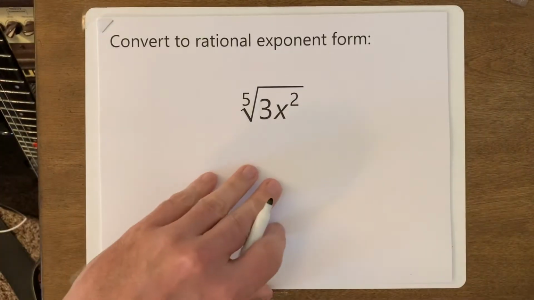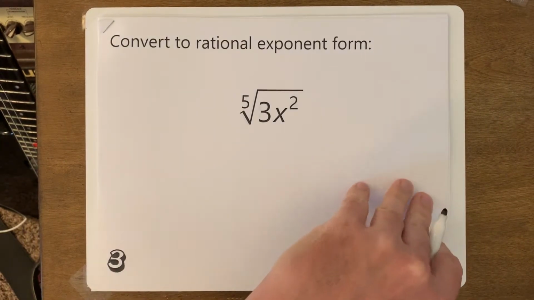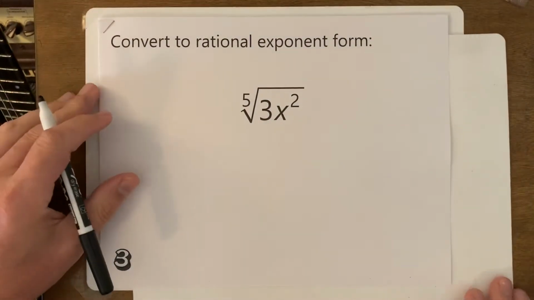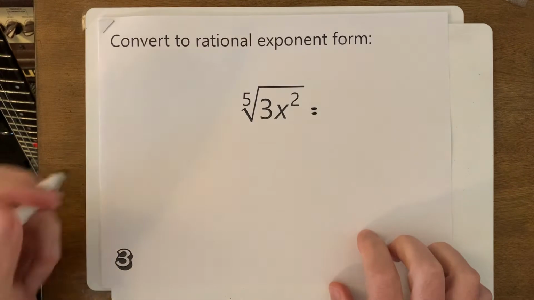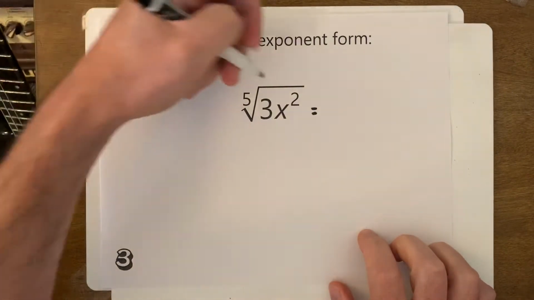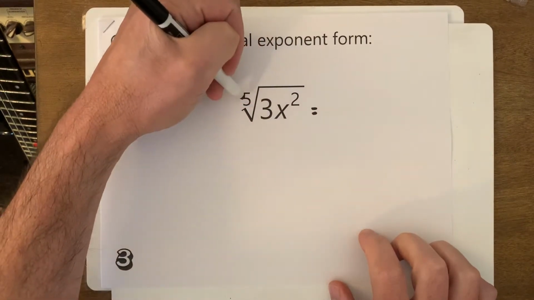In this one, they get a little more complicated because you're going to get more stuff underneath the radical, which is fine. How do we do this one? When we have extra stuff under there, we could write it as 3x squared to the 1/5.